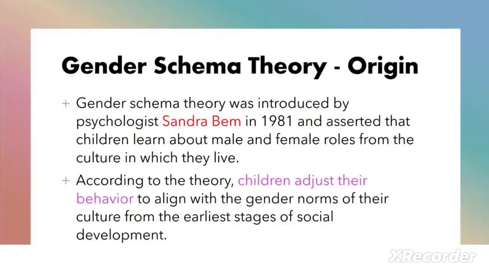This gender schema theory was first introduced by Sandra Bem in 1981, and it is about how the child learns about male and female roles from the culture where they live. According to this theory, children are able to adjust their behavior according to the gender norms from their own culture during the social development process.